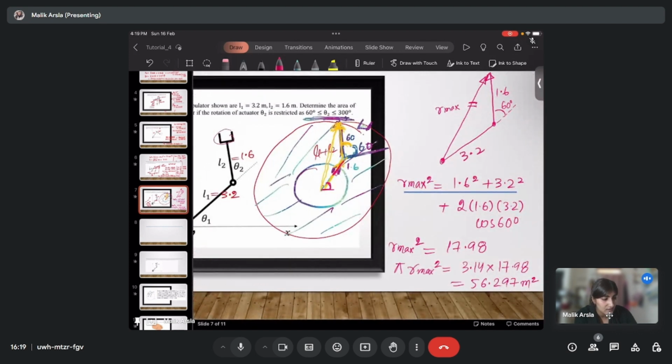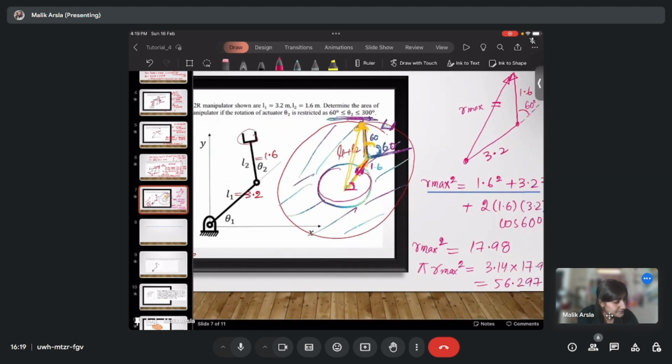That will be simply pi r minimum squared, which is pi into 3.2 minus 1.6, whole squared. Can you tell me what this value is coming out to be?